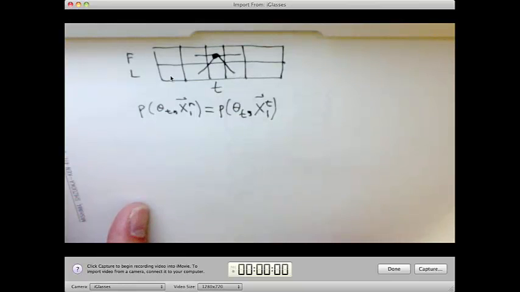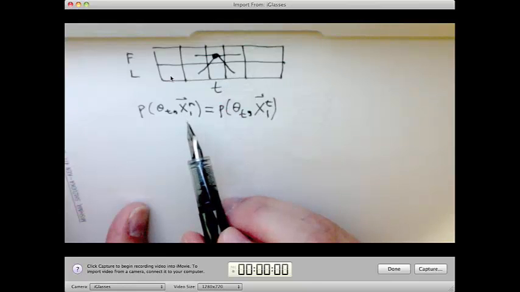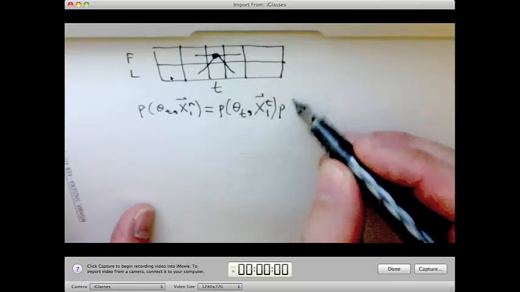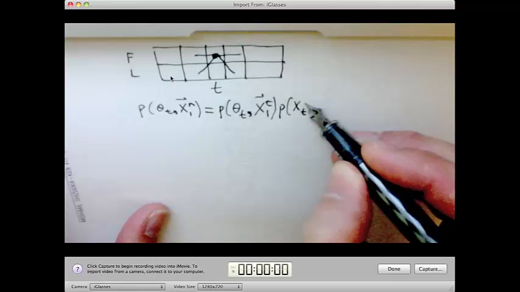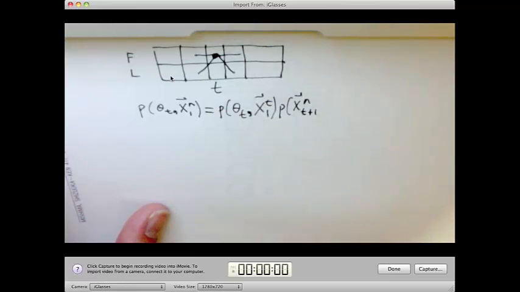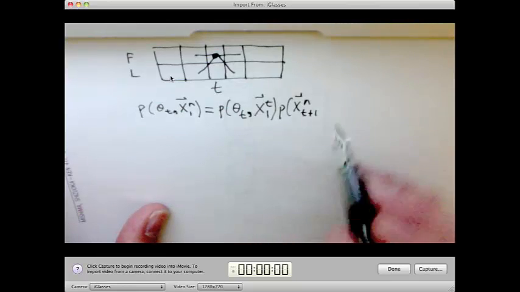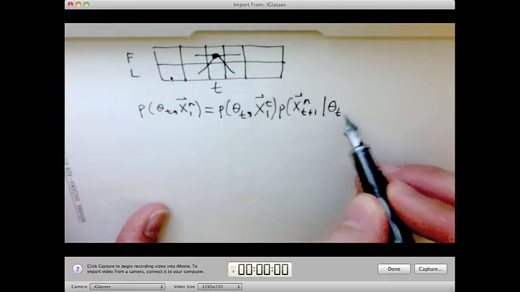When we include this next factor, clearly we're going to have to include the x observations from t plus 1 on up to n. So I'll write that. And since we already included theta t once, we can't include it again. So we just condition on it. Okay? Does that make sense?